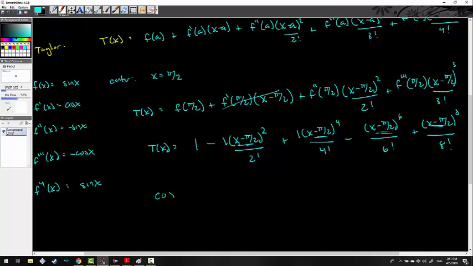If you remember correctly, cos is 1 minus x squared over 2 factorial plus x to the 4th over 4 factorial minus x to the 6th over 6 factorial plus blah, blah, blah. So notice the correlation here. It looks really similar. In fact, this T of x, our sine function that we are approximating with the center being at pi over 2, looks a heck of a lot like cosine.